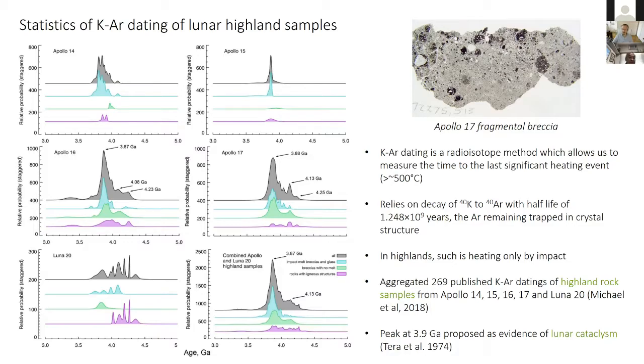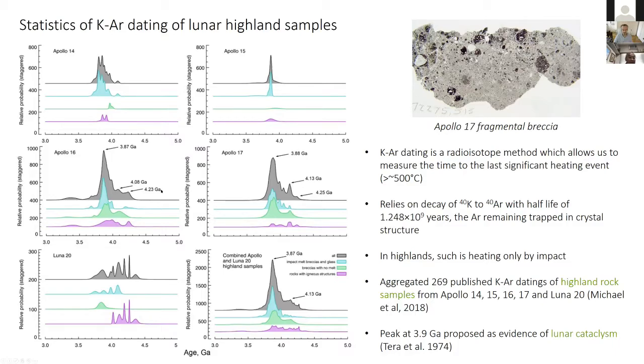If the mineral is cold, that argon-40 remains trapped in the lattice structure of the mineral. If it's heated, then the argon can escape, and that's how the resetting mechanism works. In the highlands of the moon, the only significant heating process is by impact. So when we see resetting of the potassium-argon clock, the typical cause on the moon is by impact.